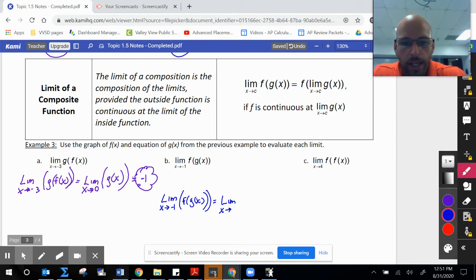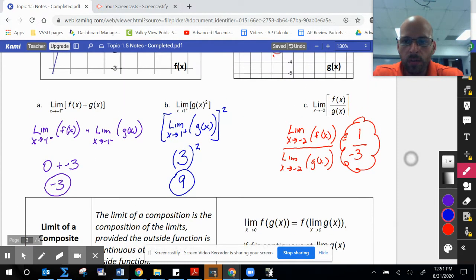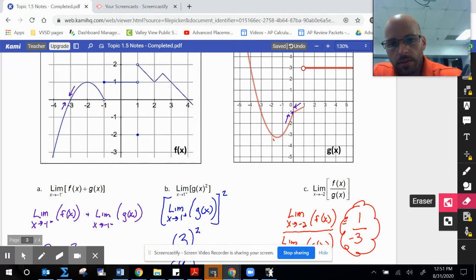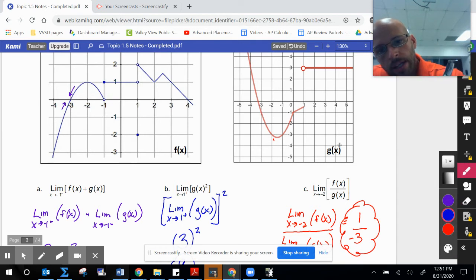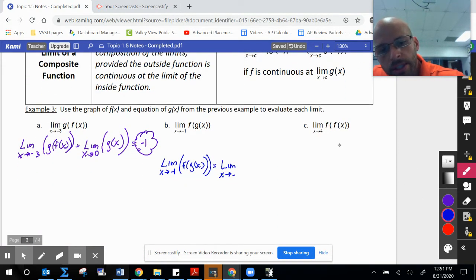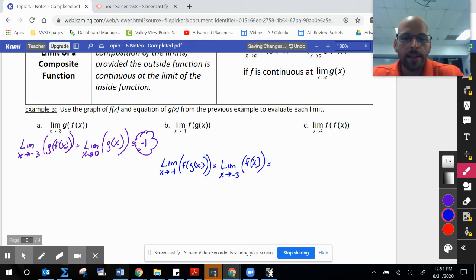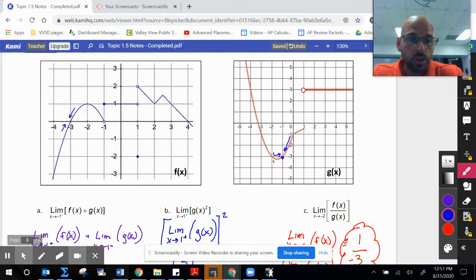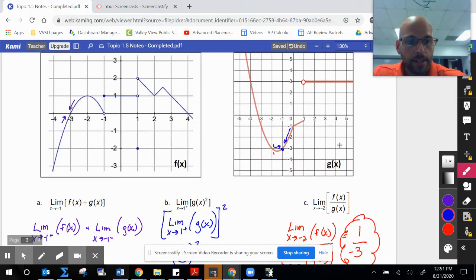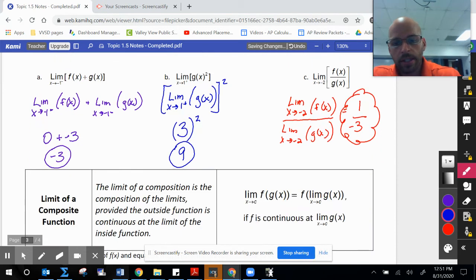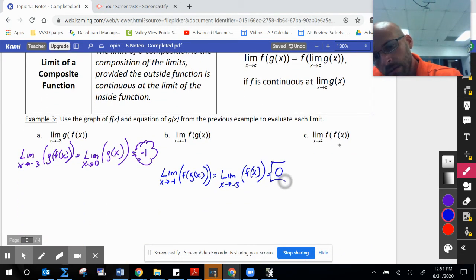So if I approach -1, starting from the inside, g of x at -1, I'm going to come up here, and at -1, we're going to the value of -3. So as x approaches -3 of the outer function, which is f of x, now I just need to evaluate that two-sided limit as x approaches -3 of f of x, and that's going to end up being my 0. Okay?